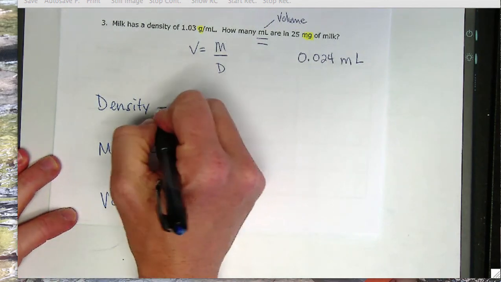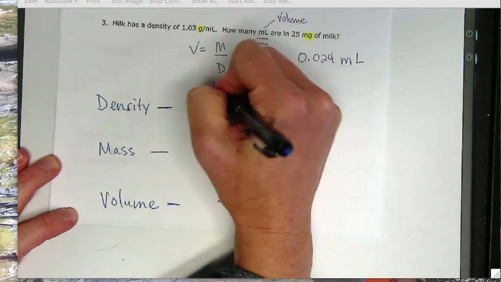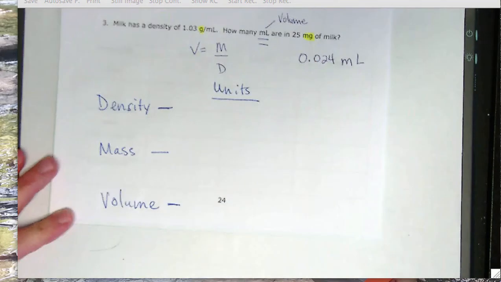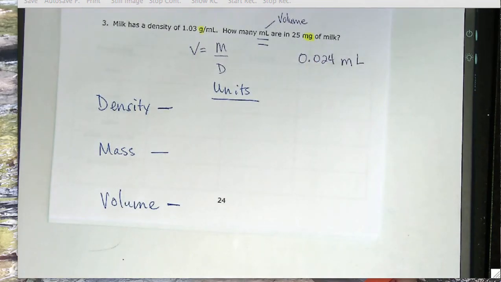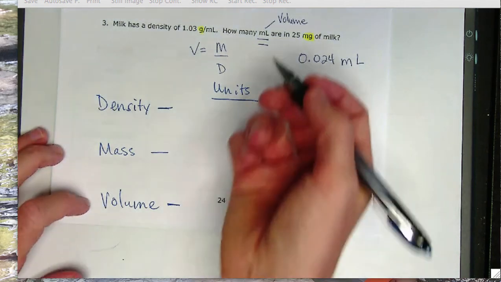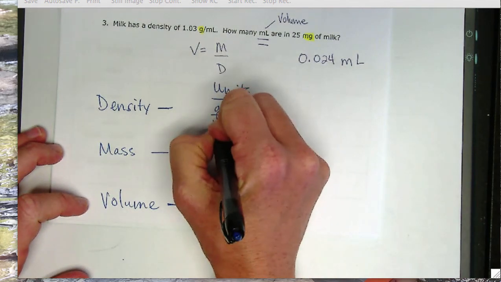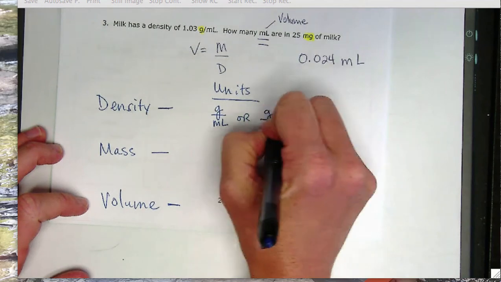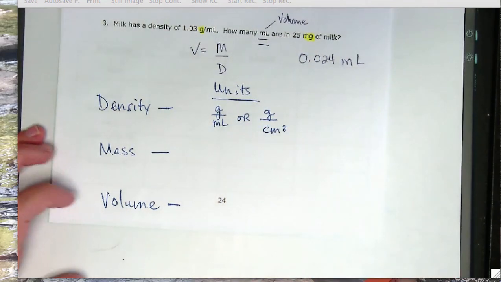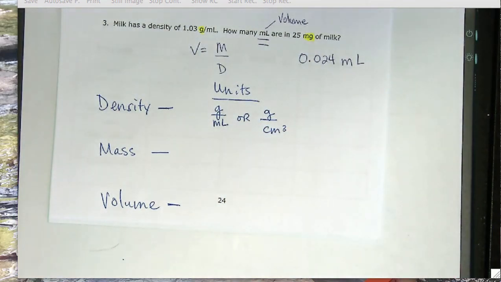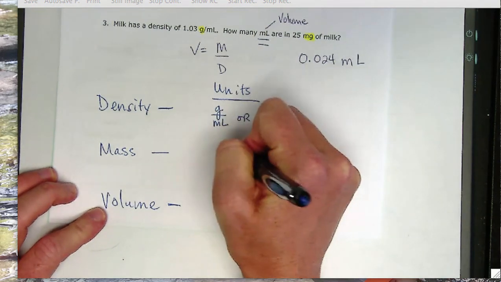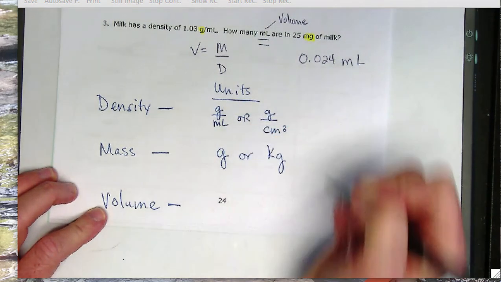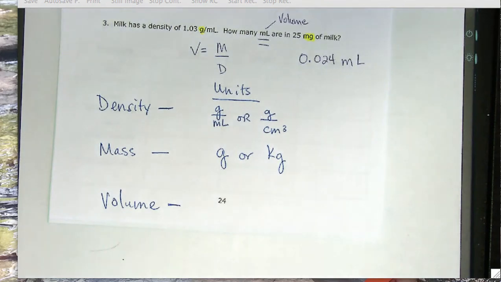That's going to be an identifier. Units for density can be either grams per milliliter or grams per cubic centimeter. Mass can have units of grams or kilograms, or any variant of grams.